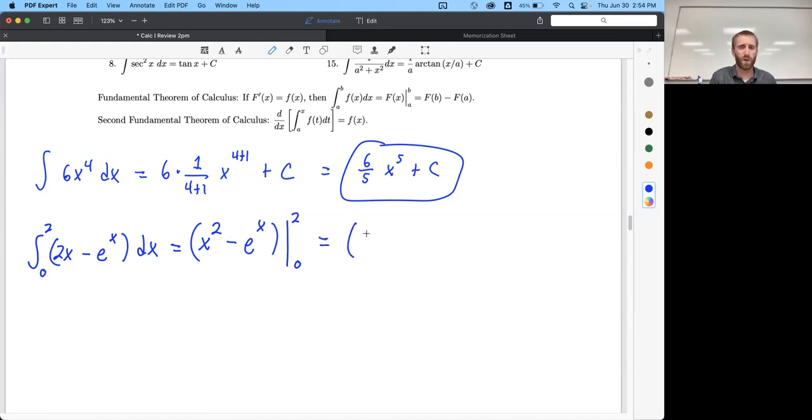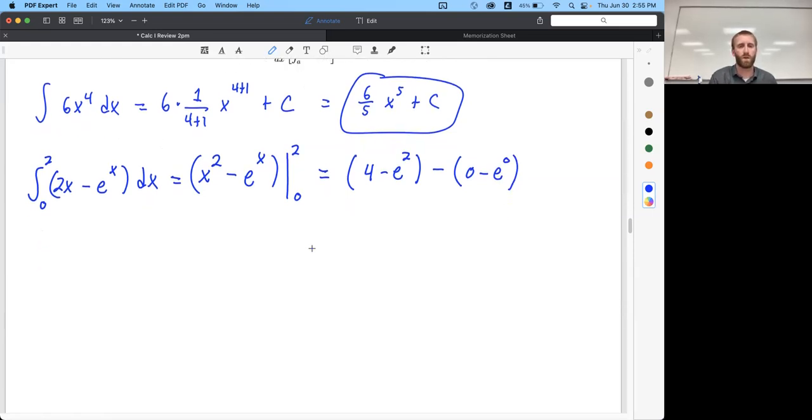So I'm going to plug in 2, I get 4 minus e squared. And then minus, plug in 0: 0 minus e to the 0. Simplifying that, that gives us 4 minus e squared and minus a negative e to the 0.